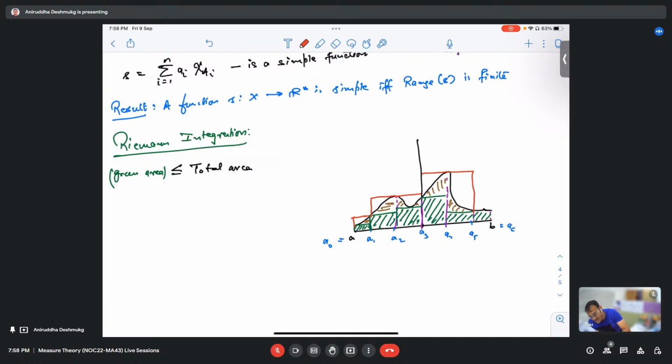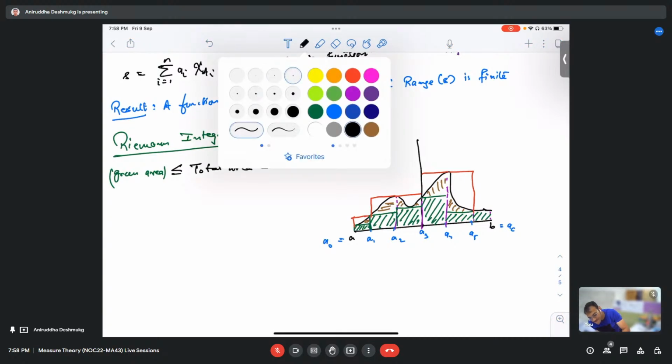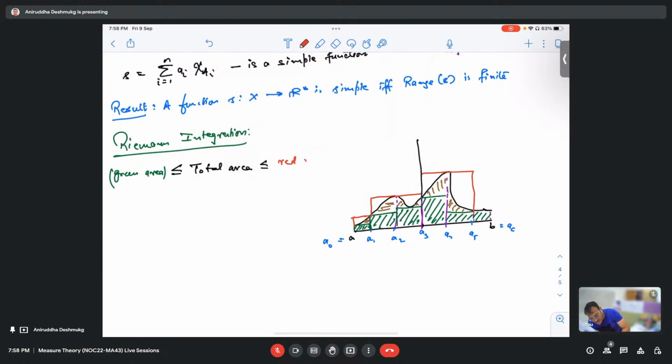And then let us calculate it. This total area is greater than or equal to the red area. Yes, sir. And why is that so? Because we have included all these extra portions, which we don't want.